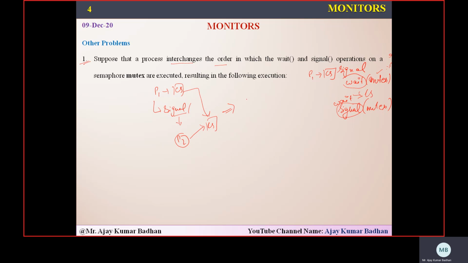The very first requirement we discussed for the critical section problem is mutual exclusion. What do we mean by mutual exclusion? At a time, only one process can enter the critical section and execute its task. Now two processes are in the critical section, so the mutual exclusion rule is definitely violated, and we cannot get a solution to the critical section problem. That is what he is explaining in this scenario.